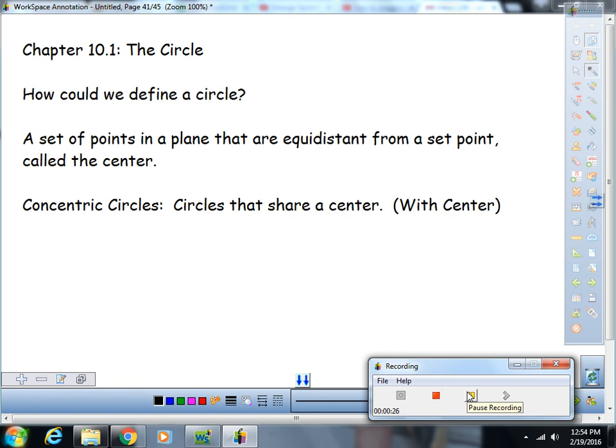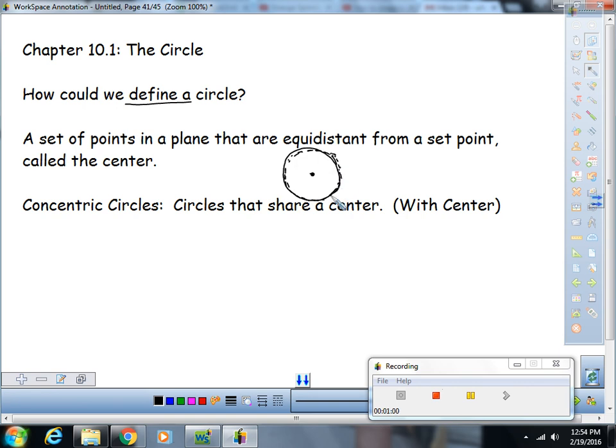First of all, you need to be able to define a circle. A circle is the set of points, an infinite amount of points, that are equidistant from a set point called the center, but you have to say that it's in a plane. So you've got a center and a bunch of points that are all the exact same distance, and if we took all of those points, you'd have your circle.